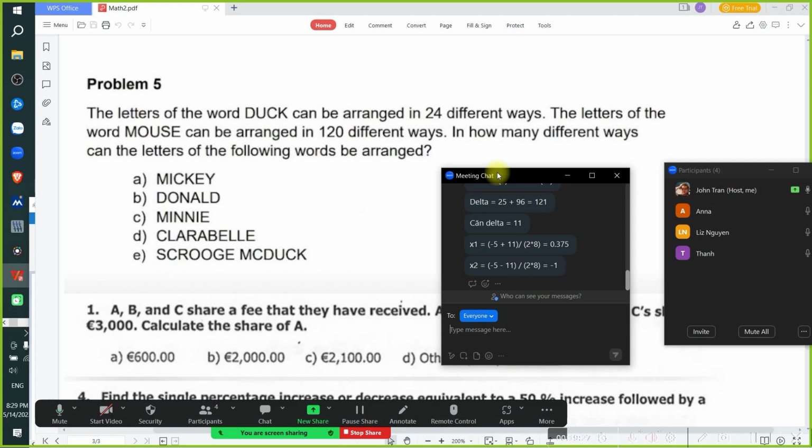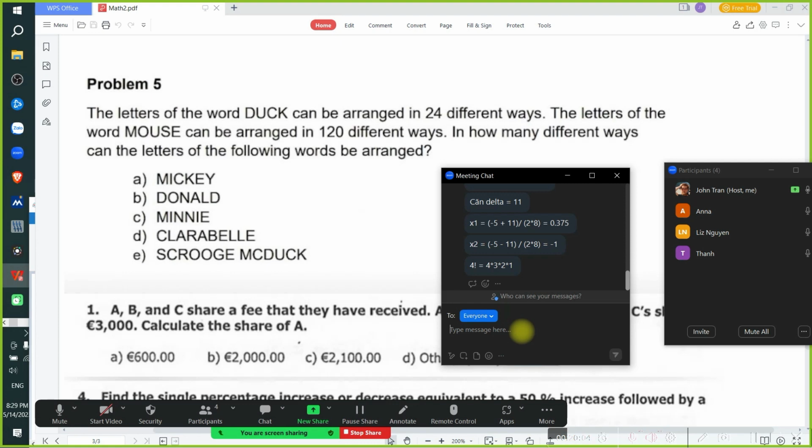The letters of the word duck can be arranged in 24 different ways. It has 4 letters, so basically there will be 4 factorial ways to arrange them.